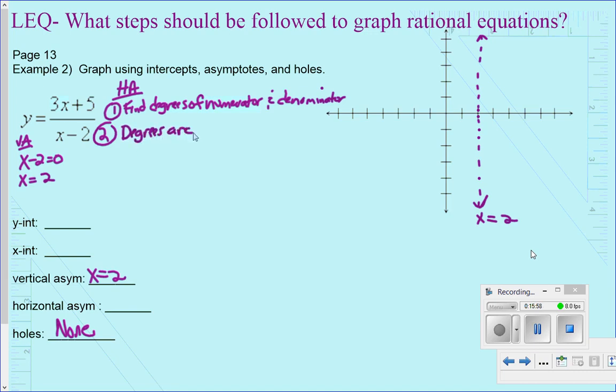Okay. So when the degrees are equal, the horizontal asymptote is y equals the leading coefficient divided by the leading coefficient.